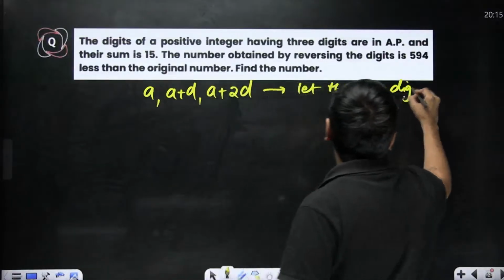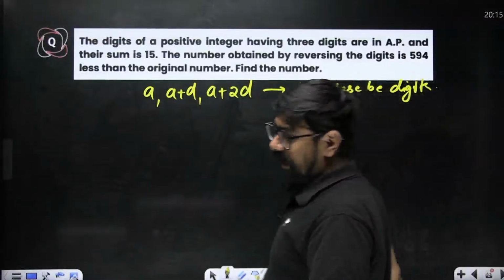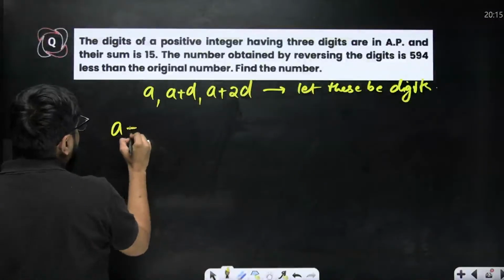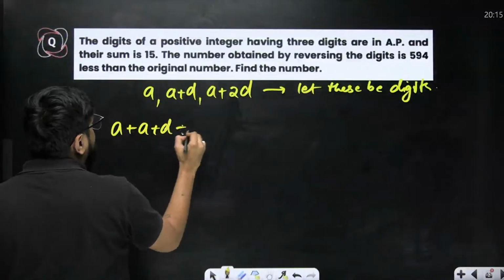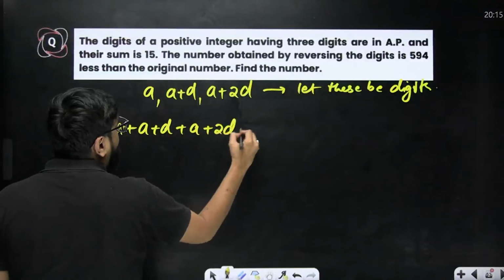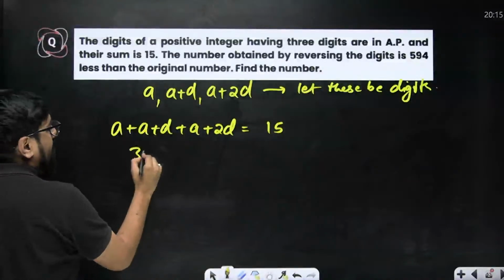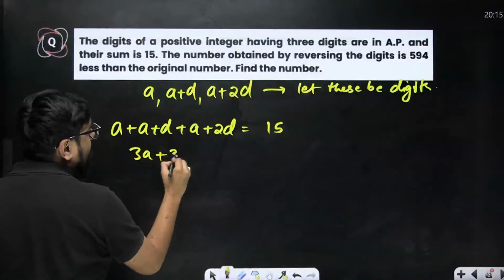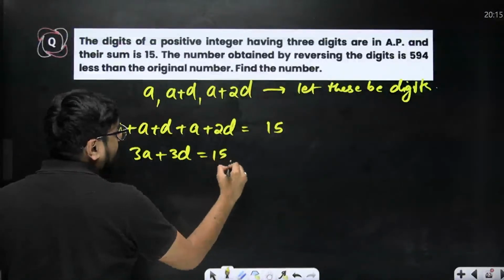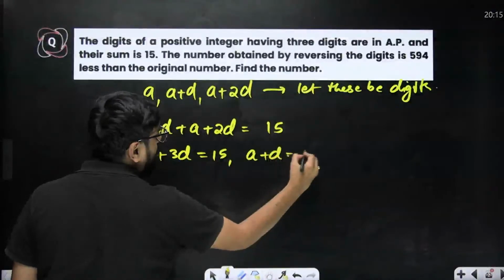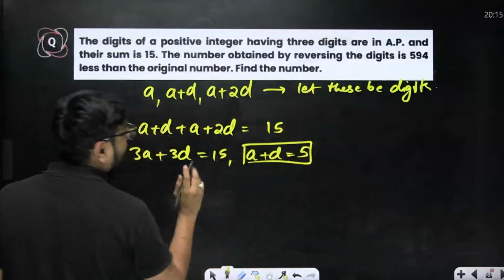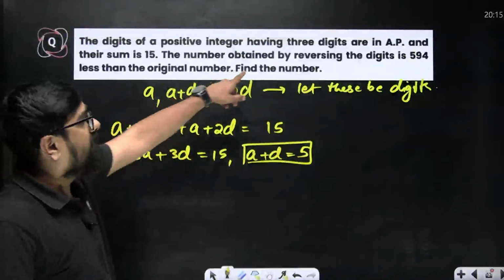Let these be the digits. So a plus a plus d plus a plus 2d should be equal to 15, correct? So 3a plus 3d is equal to 15. That means a plus d is equal to 5. Sorted. There must be some more information given to solve.